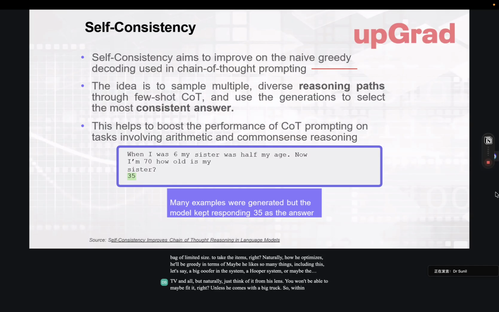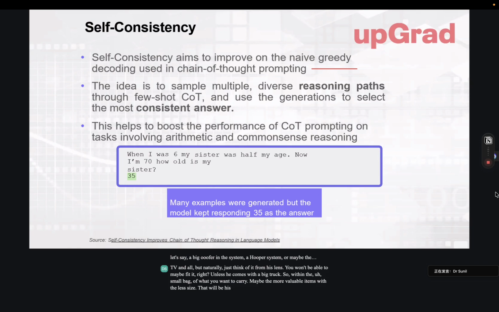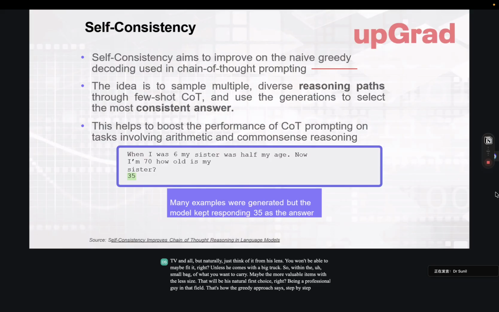So within the small bag, the more valuable items with less size will be his natural first choice, being a professional in that field. That's how the greedy approach works step by step: identify the best items with less volume but high value, and start filling until the bag is full. That's a simple example of the greedy approach.